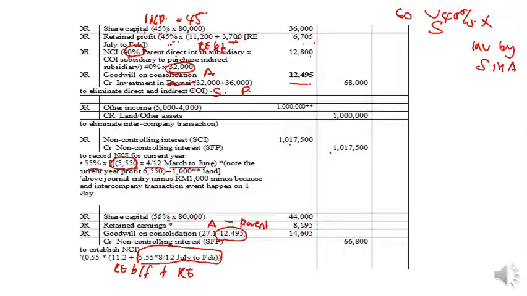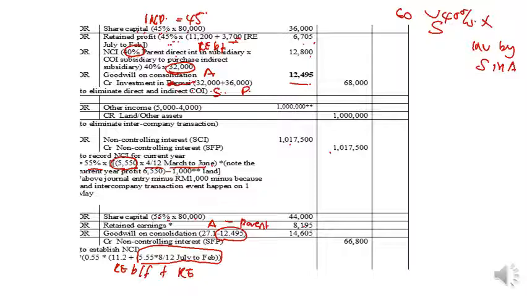Okay, so the journal entry for the investment in Permai. Here we're going to have share capital, 45%. Okay, this one is from the retained profit, also 45% here. NCI here is 40%. So this is your indirect share; you have 45%.